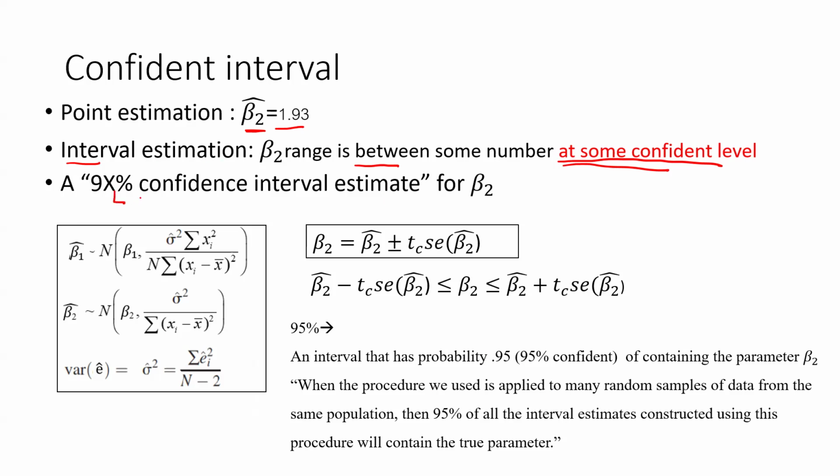Typically we use three values: 90% confidence, 95% confidence, which is widely used by statisticians and economists, and also 99%. We have three confidence levels.